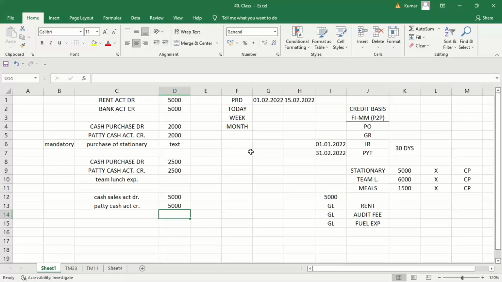Okay. Now, generally what happened, guys? So now again the question is, why cash journal settings?